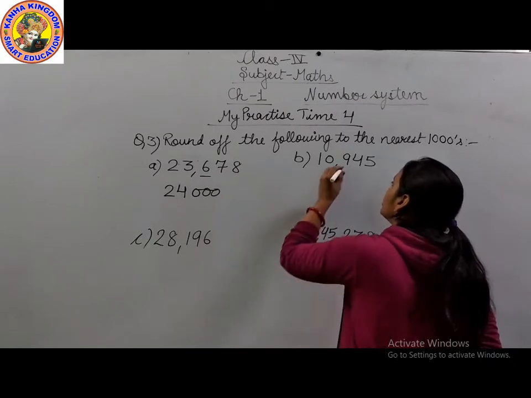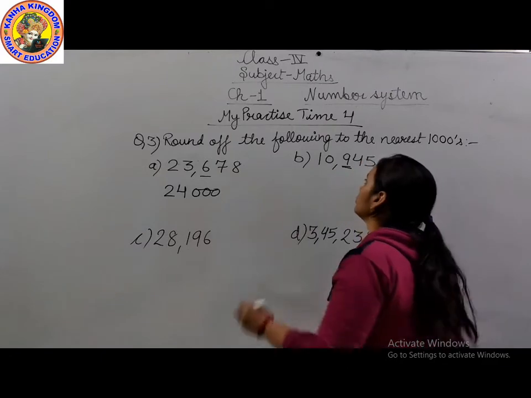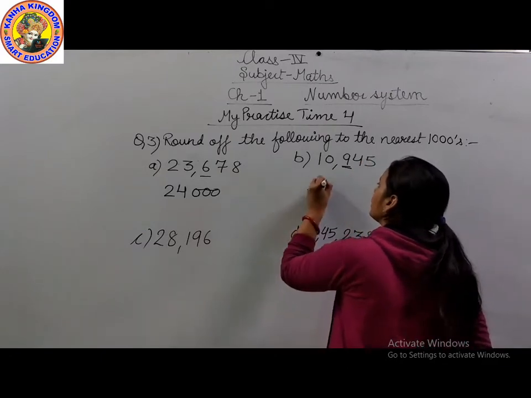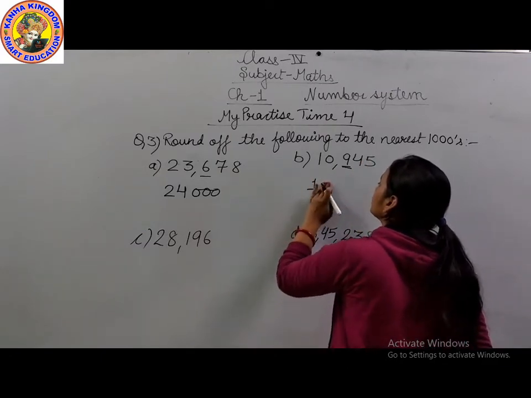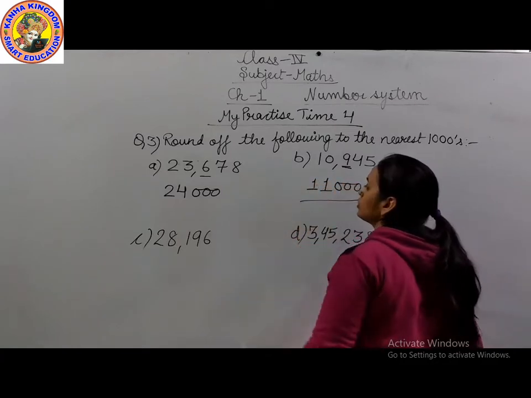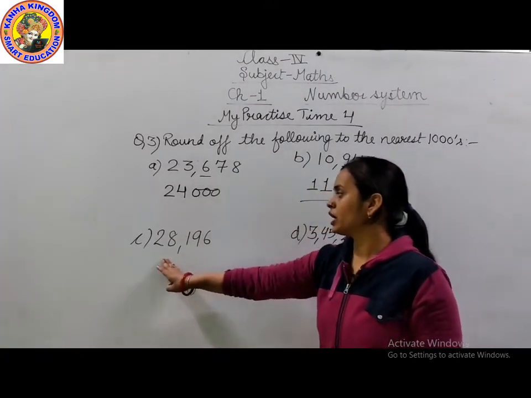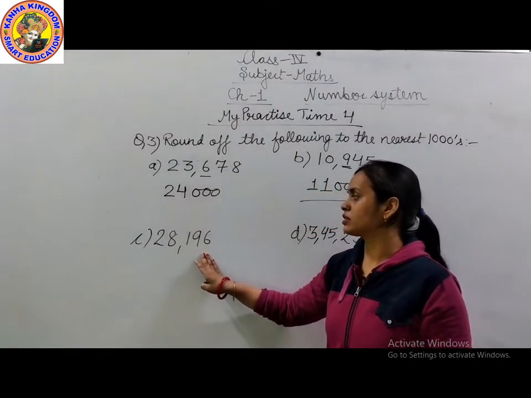Okay. Now next is 10,945. The digit at the 100 place is more than 5. So we write here 11,000. Okay. Now in question number C, 28,196.